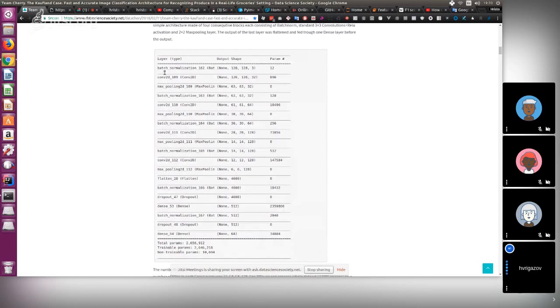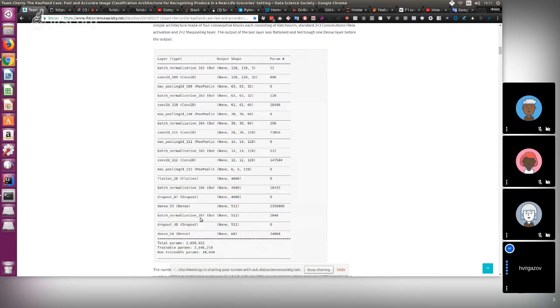It's actually a fairly standard convolutional neural network. It's a series of convolutional layers and max pooling layers, and also the batch normalization is a way to prevent overfitting. We tried different approaches for avoiding overfitting, like dropout and so on.